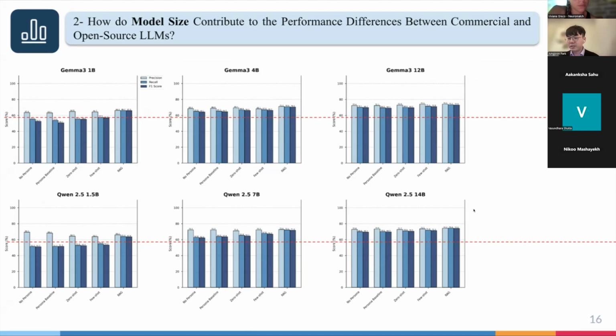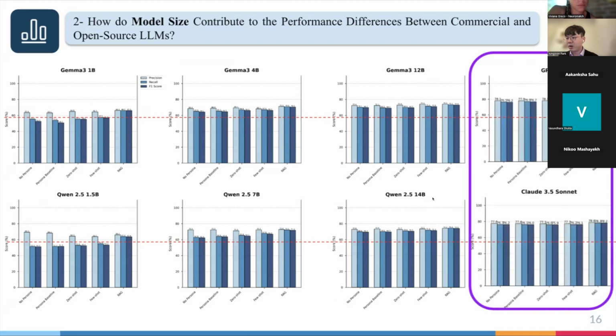This diminished impact of prompting strategies was particularly pronounced in experiments with commercial LLMs such as GPT and Claude. As you know, they are really big, large models. So as shown in our results, the differences in performance due to varied prompting strategies were minimal for those large commercial models.